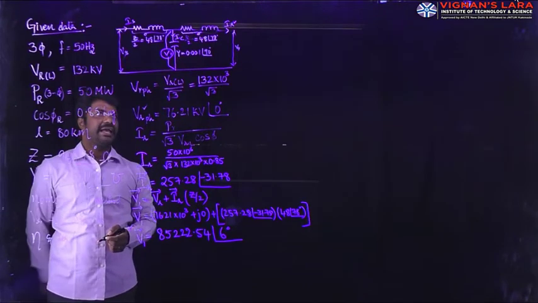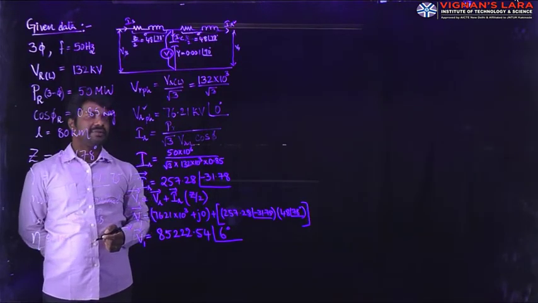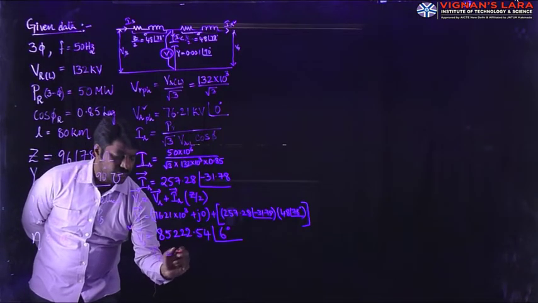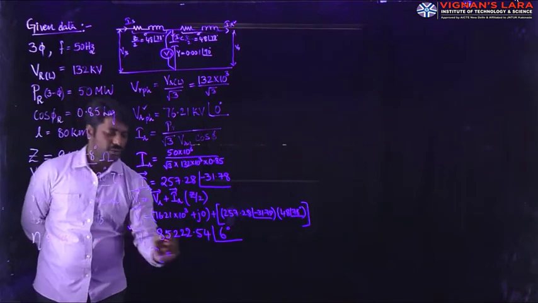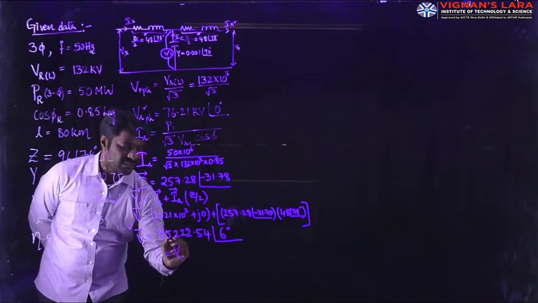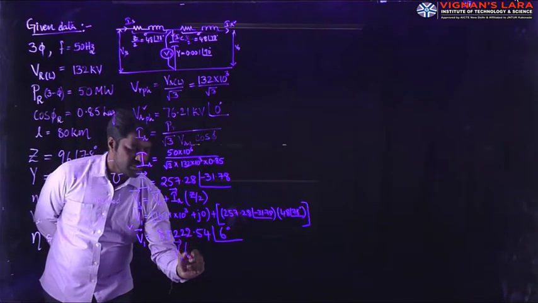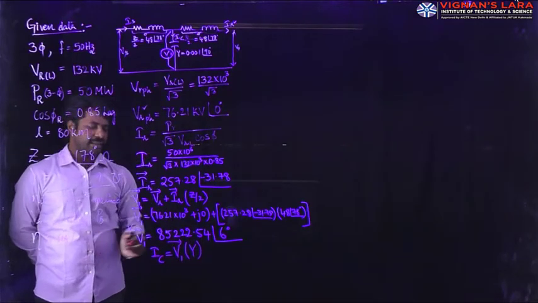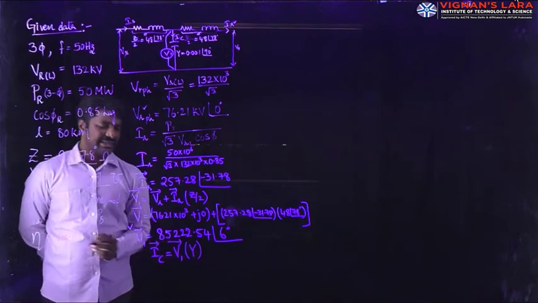What is Ohm's law as per the current value now? The current value IC is equal to the voltage across that capacitor V1, which is a phasor, to be multiplied with the entire admittance called Y. Then I will get the current in the capacitor.